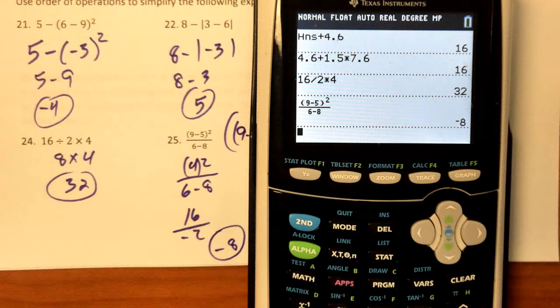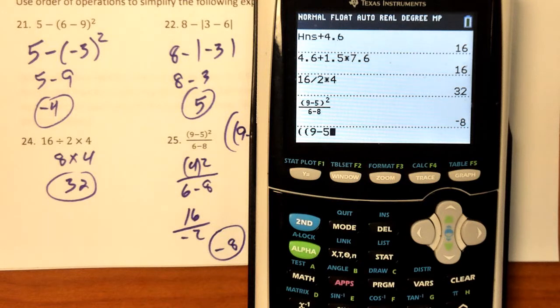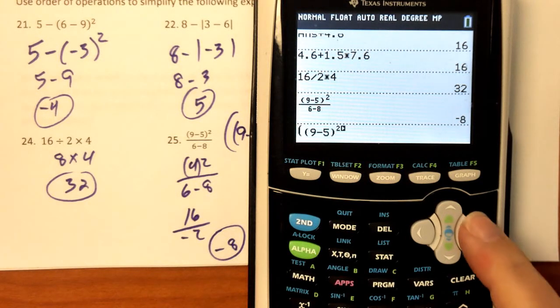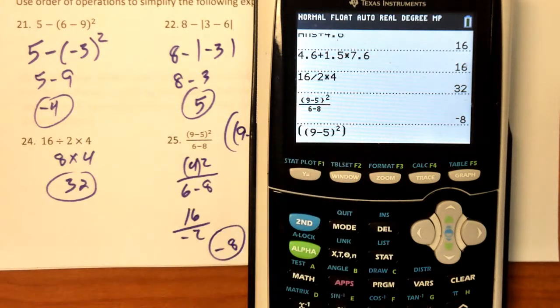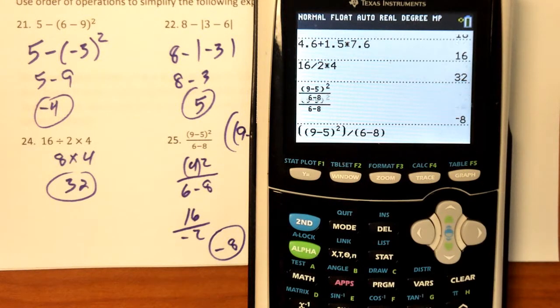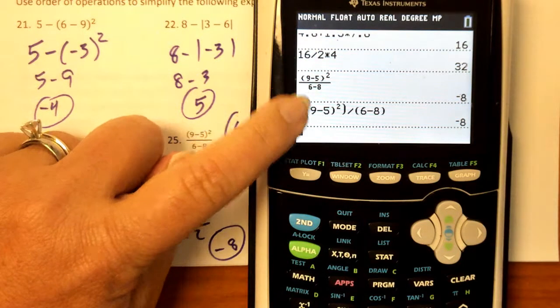So to do it that way, I would say, okay, parentheses, my top is, so I've got an extra set of parentheses around that, 9 minus 5, to the second. So notice what I've done. I put the 9 minus 5 squared in its own set of parentheses, then division symbol, and then I put my 6 minus 8 in its own set of parentheses. And it will do it for me. So it just depends if you have an 84 or an 83.